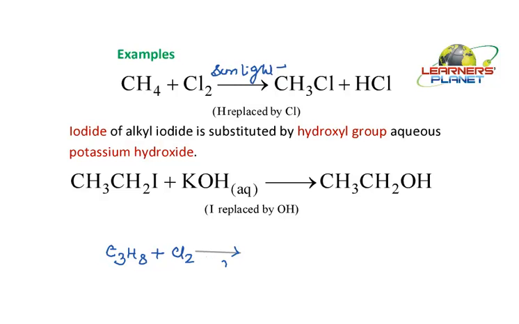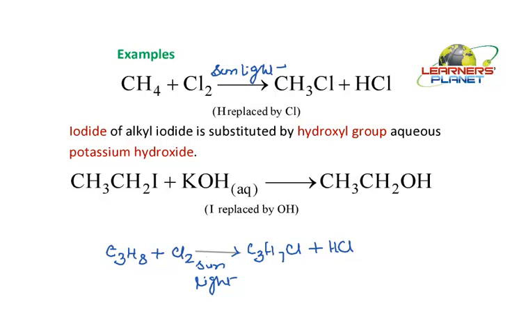So this reaction is carried out in the presence of sunlight. And what is it going to give us? It will give C3H7Cl plus HCl. So this is also what? Substitution reaction, and it takes place in the presence of sunlight.